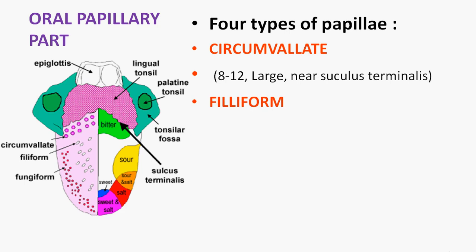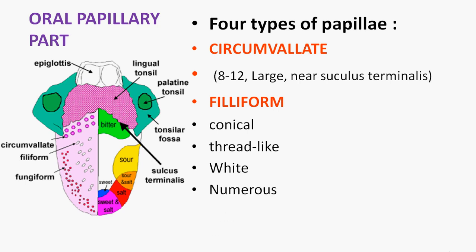Next is the filiform papillae. These are also called conical papillae because of the shape. These are thread-like, white colored structures. They are found on the entire surface of the tongue.